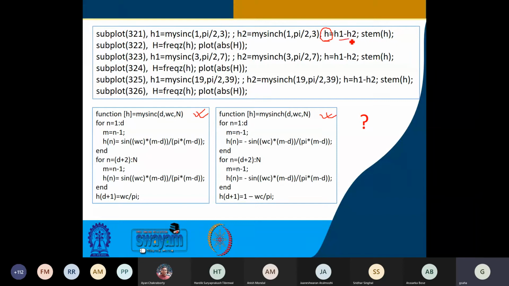Have you got my point? So what is this system? How will it look?